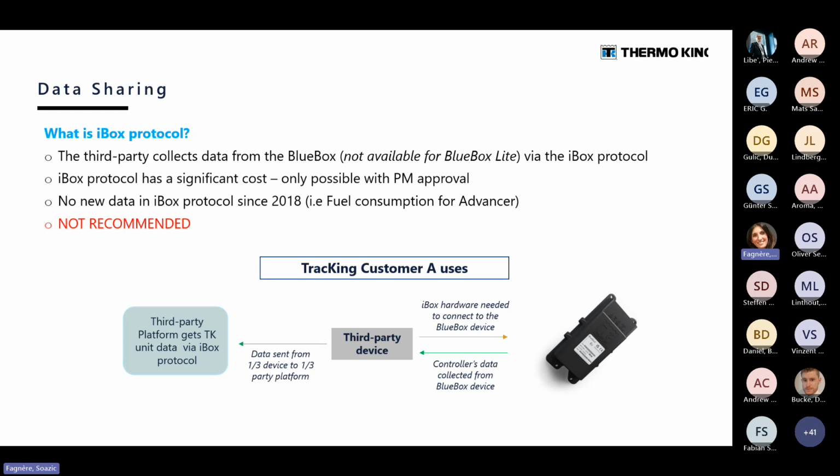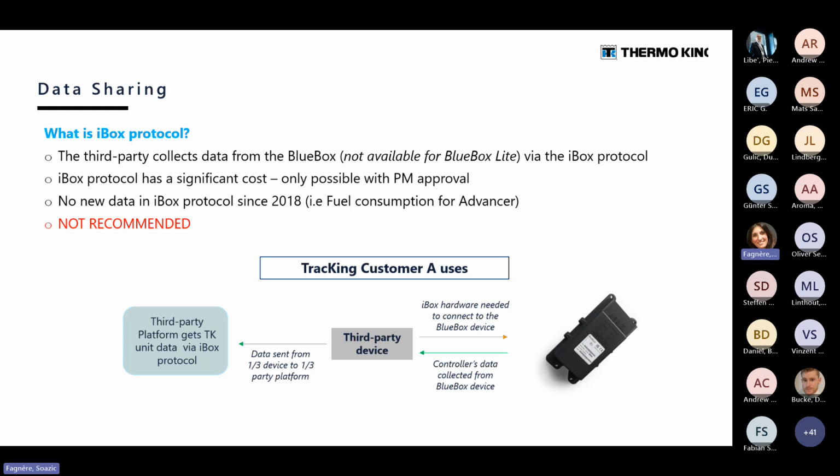Only possible with Blue Box, nothing with Blue Box Lite, just to make sure that we are all on the same page. So this is all about Blue Box here. They are connecting their third-party telematic device to our Blue Box, and that way they can get the data from the controller.